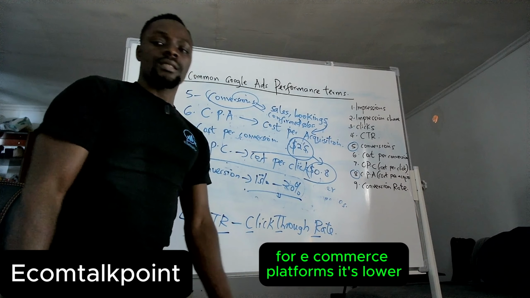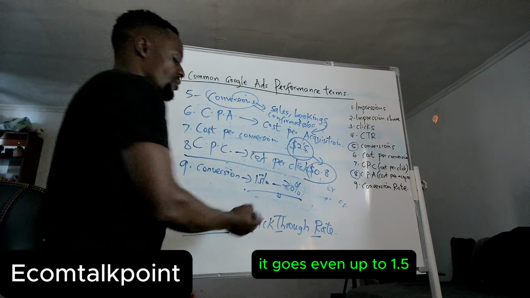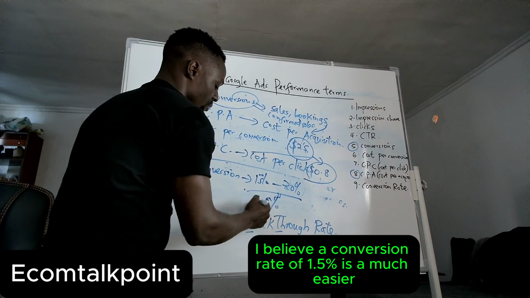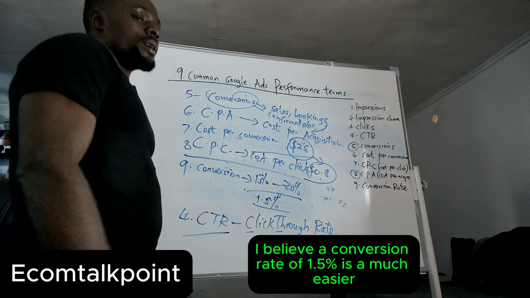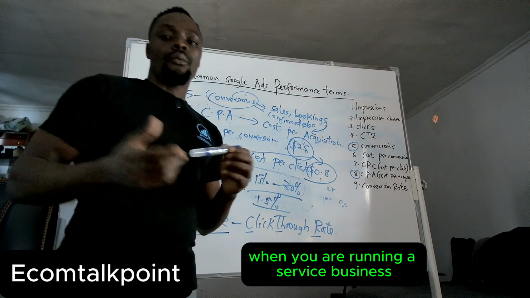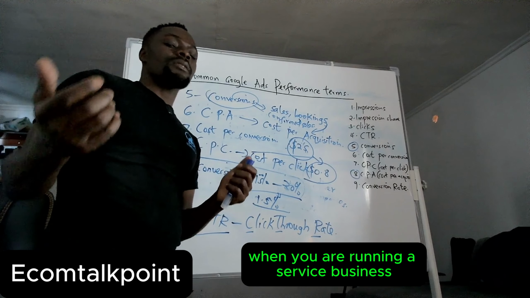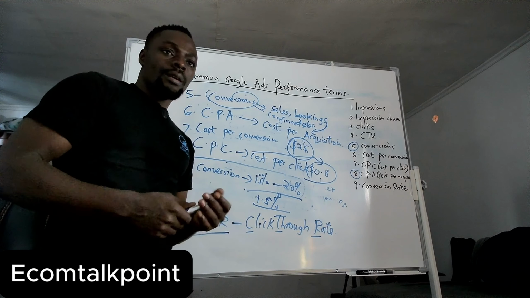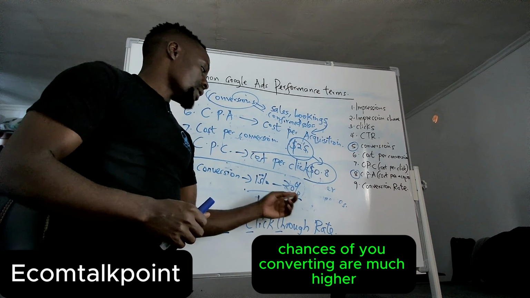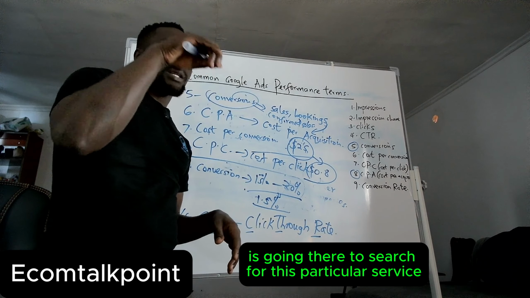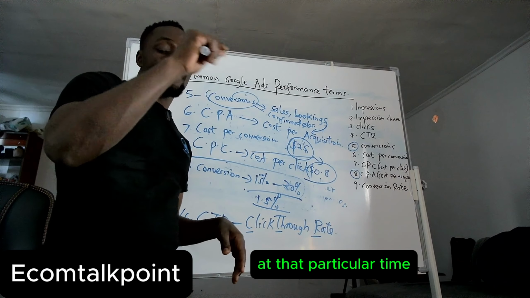For e-commerce platforms, it's lower. It goes even up to 1.5. I believe a conversion rate of 1.5% is much easier. The reason for this is that when you are running a service business and you have specifically set up such a campaign, chances of you converting are much higher because this is somebody who is going there to search for this particular service at that particular time.